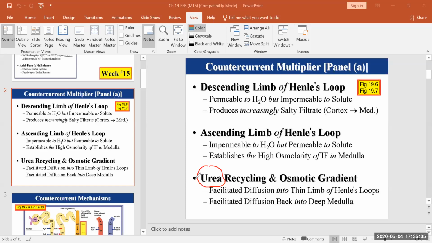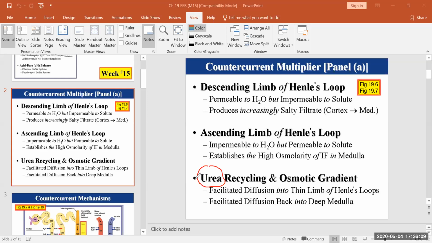Because of this, when the blood is leaving the vasa recta, it is slightly more osmotic than the entry. So the blood gets in at the beginning of the vasa recta at 300 milliosmol, but when that blood is leaving the vasa recta, it's slightly more, around 325. This is due to urea getting into the vasa recta through UTB. Okay.